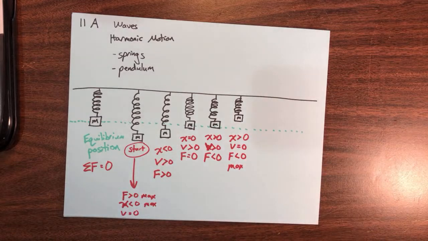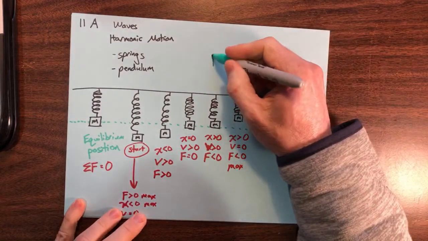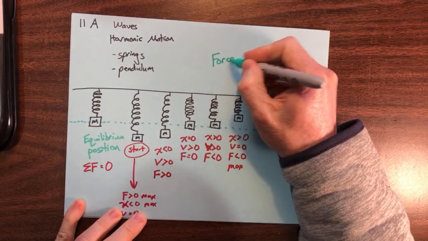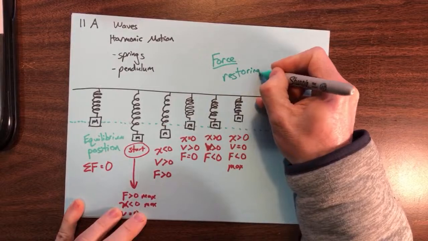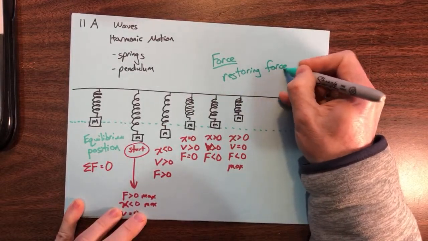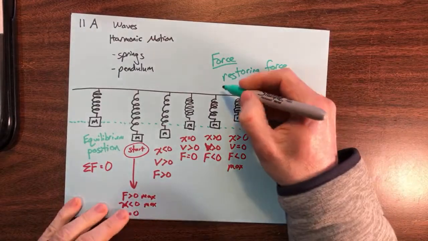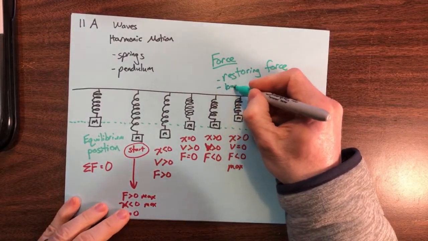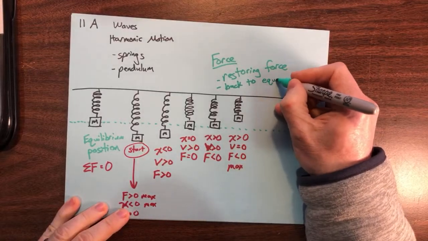And the reason for that, we're going to call that a restoring force. Why is it a restoring force? It's because the force wants to go back to the center, to the middle, to the equilibrium position.